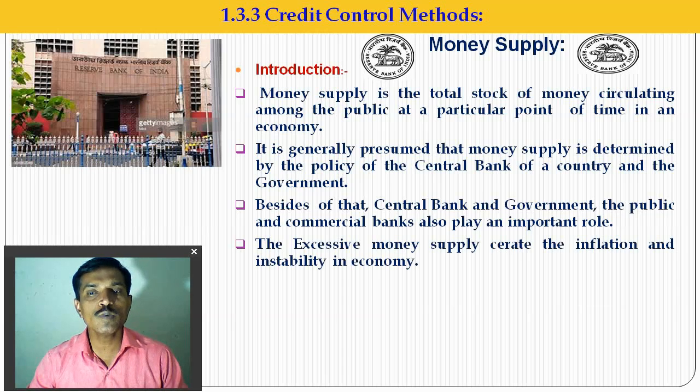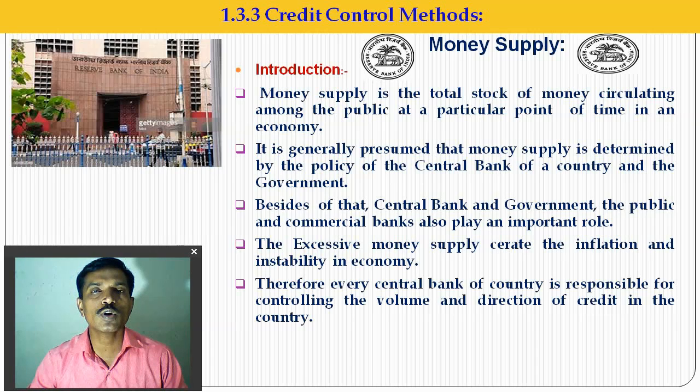An excessive money supply creates inflation and instability in the economy, and therefore the purchasing power of people is cut down during the period of inflation. So to control this excessive money supply, the central bank uses credit control methods, quantitative and qualitative tools.